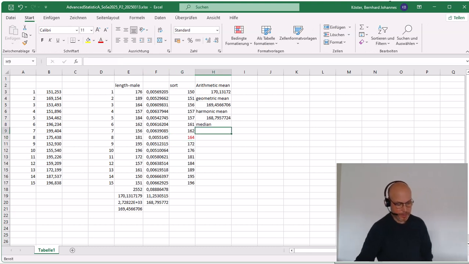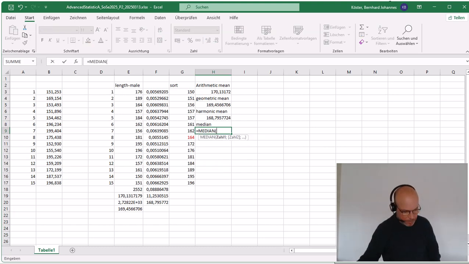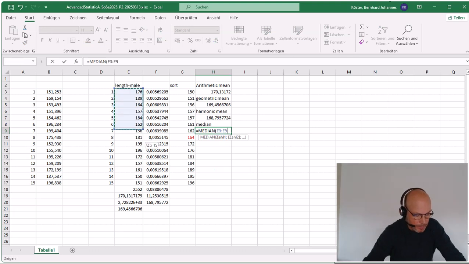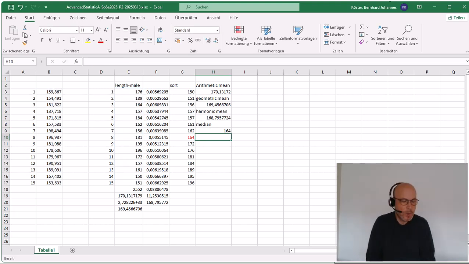And let's see if we are right. Median. And we take also the original data and 164.